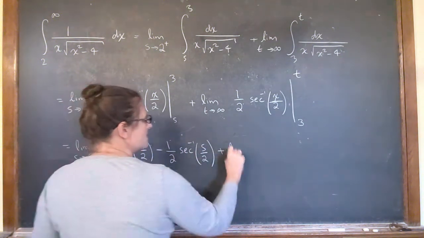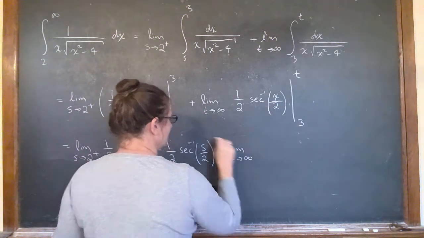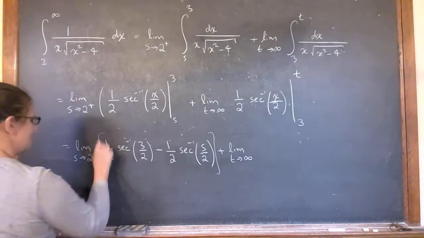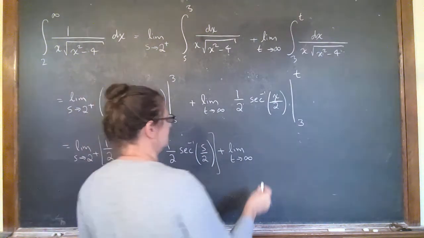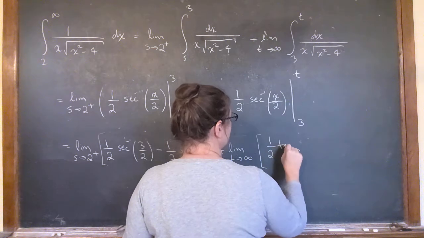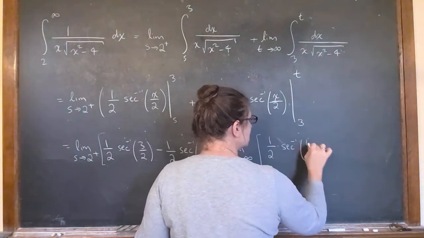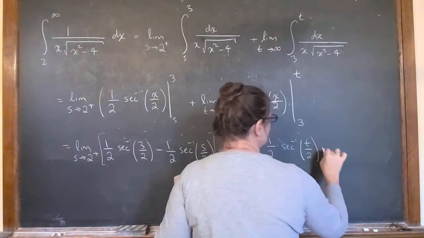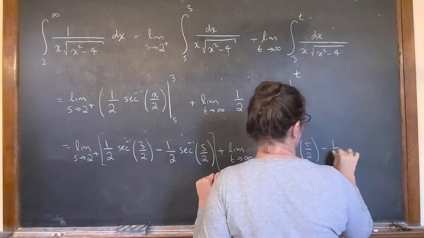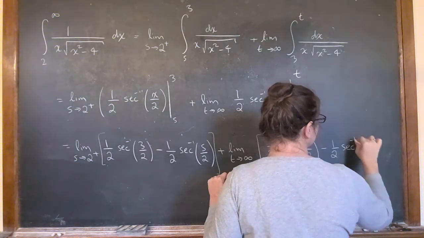And then my next one, let me do it like this: limit as t goes to infinity of 1/2 inverse secant of t over 2 minus 1/2 inverse secant of 3/2.